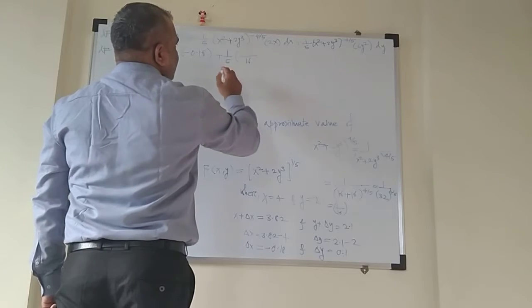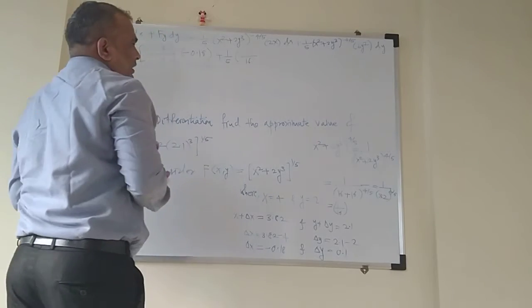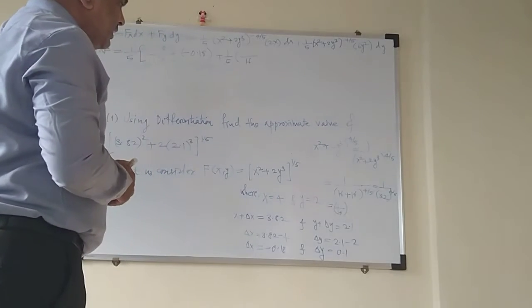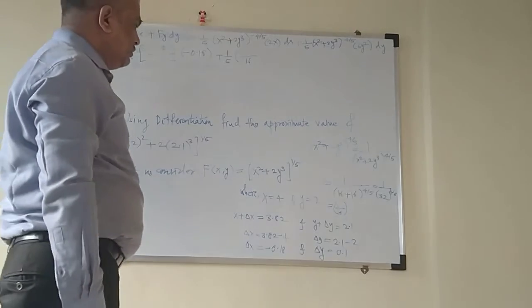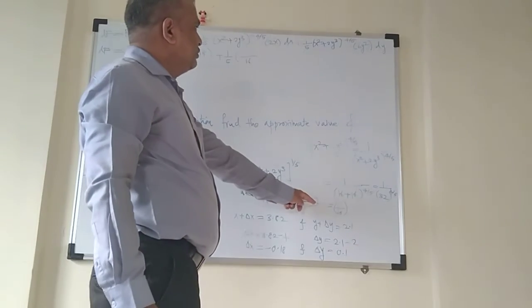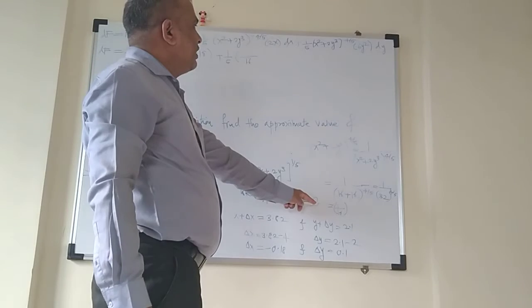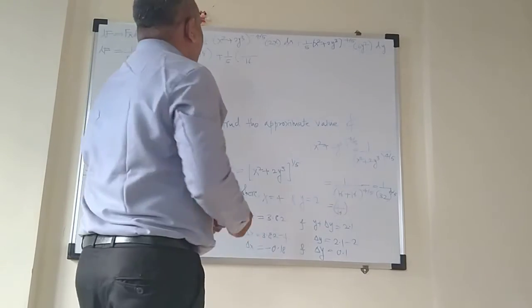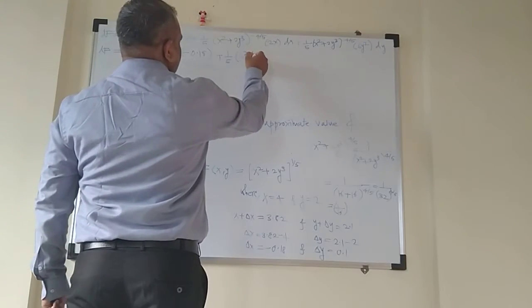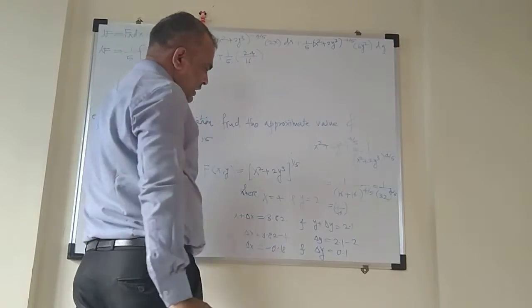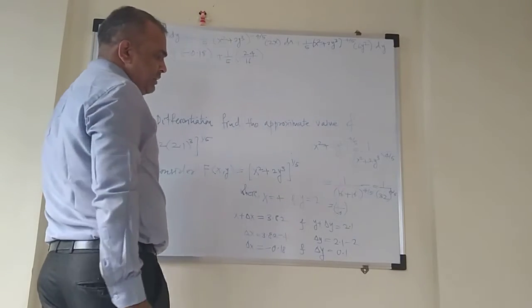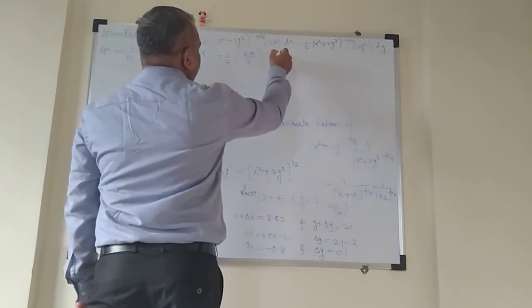So 1 upon 16 into 6y². 6y² is how much? 6y² will be equals to, y has your value equals to 2, and 2² is 4. So 6 fours are 24. So this is 24 into dy. The dy value that we have already calculated is equal to 0.1.